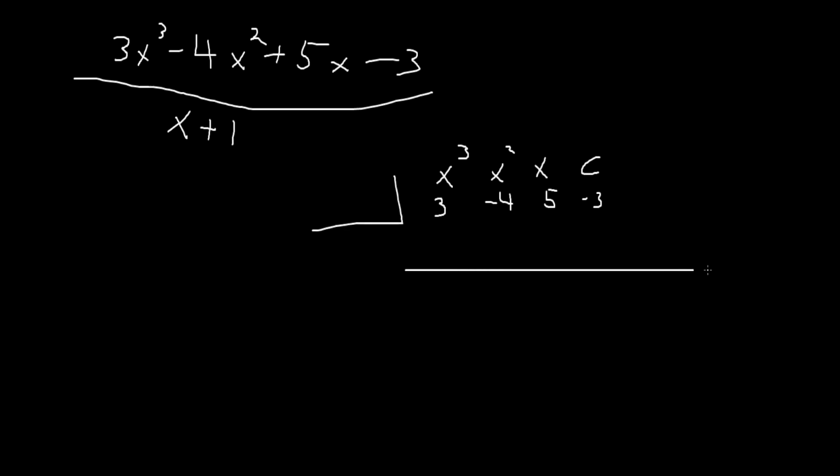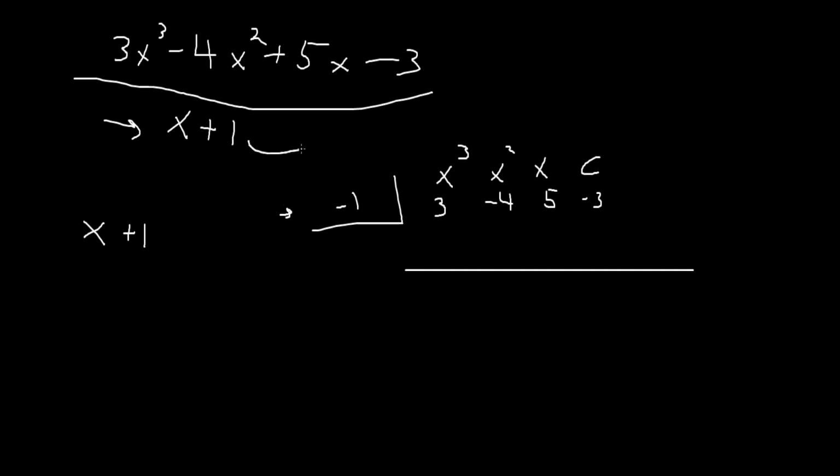And in here, we are going to put an interesting thing. When we do long division, this term, the x plus 1, we always subtract it. So instead of putting a plus 1 in here for my dividing term, I'm going to put a minus 1.